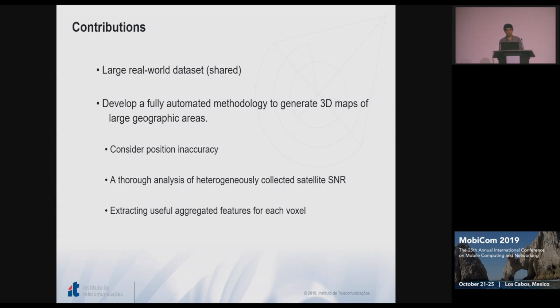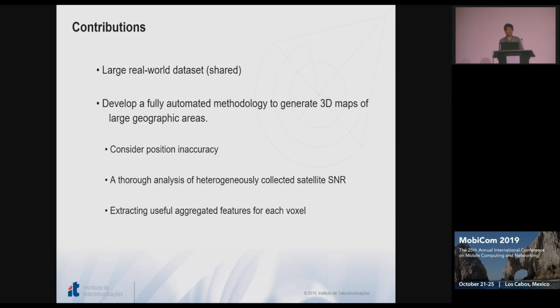To finish, the contributions of our work are mainly two. The first one is that we collected a real-world large data set of locations and satellite signals, and it's available to anyone who wants to try it. We also developed a fully automated methodology to generate 3D maps, as I explained to you.